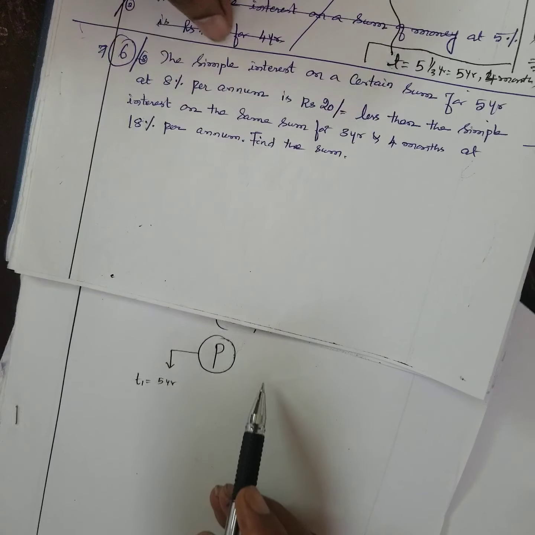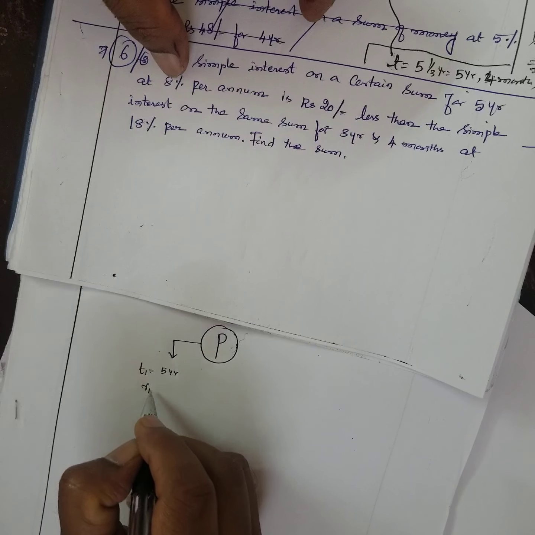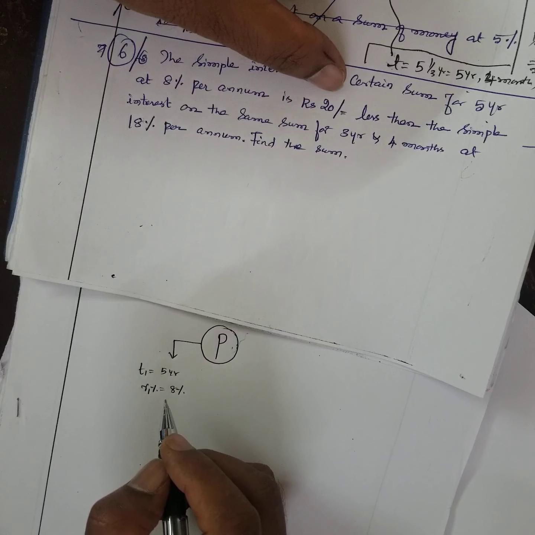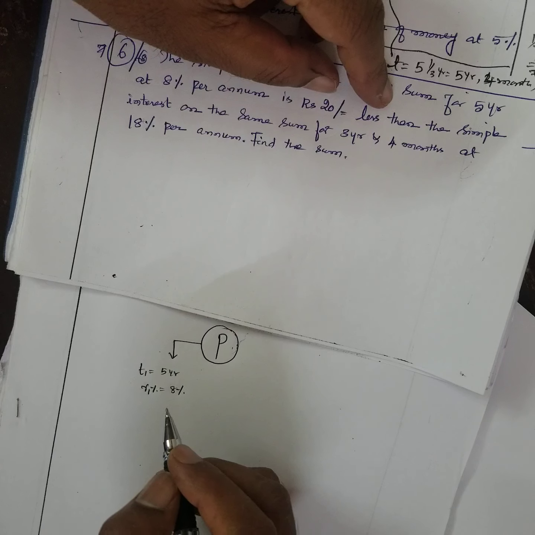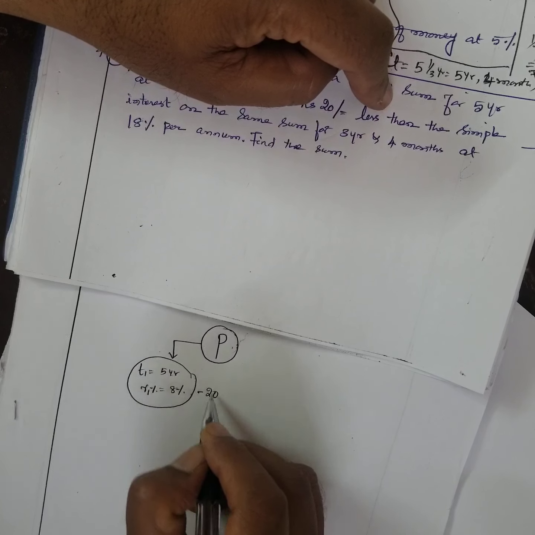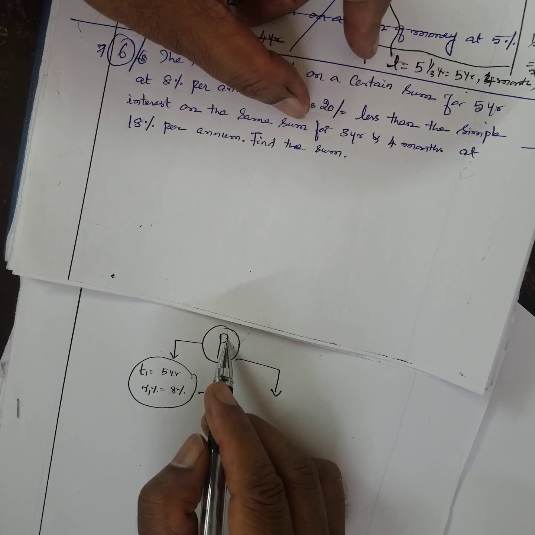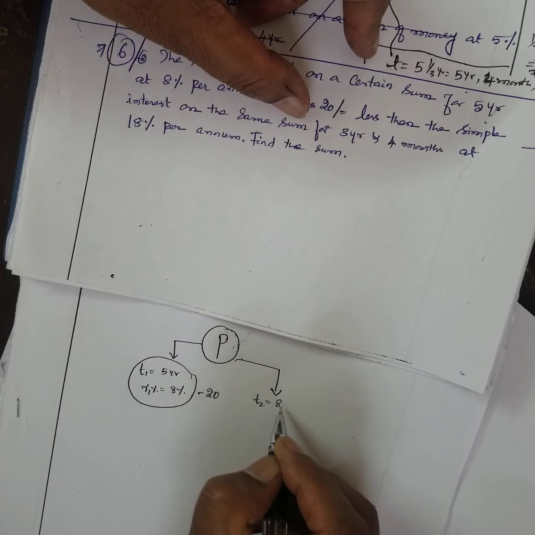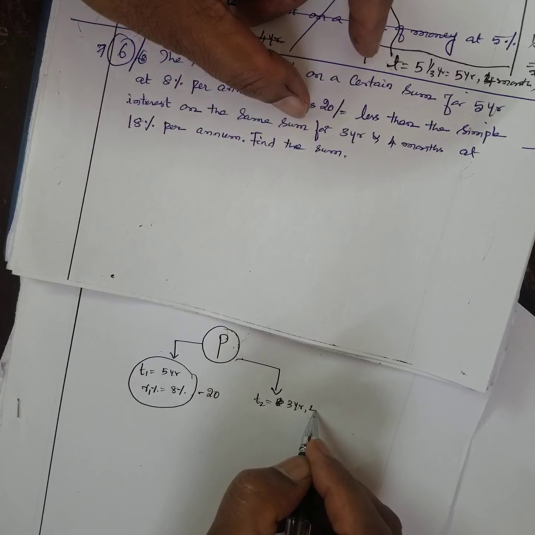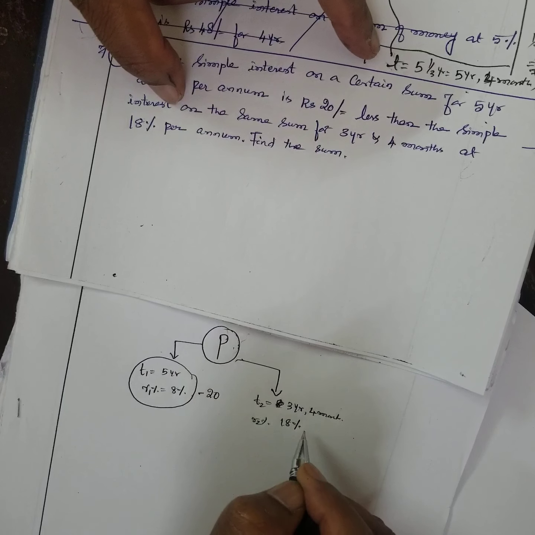The simple interest on a certain sum of money for 5 years at 8% per annum is 20 rupees less than the simple interest on the same sum for 3 years and 4 months, T2, and the rate of interest is 18% per annum.